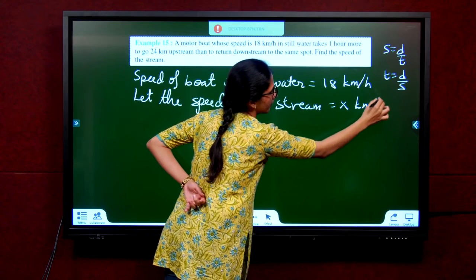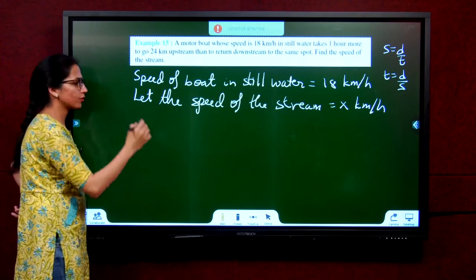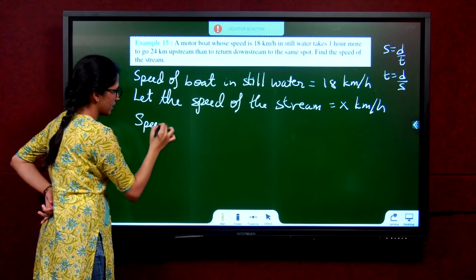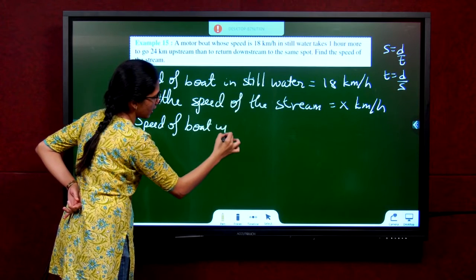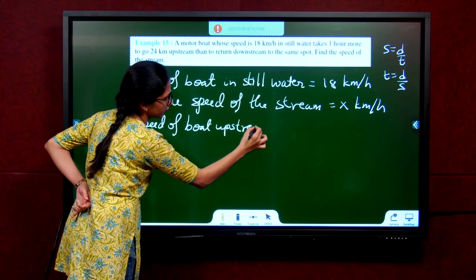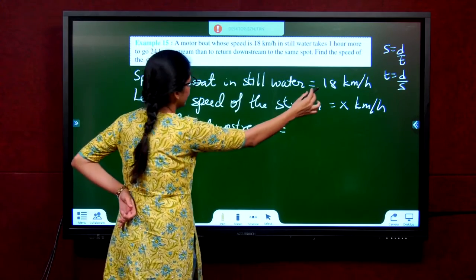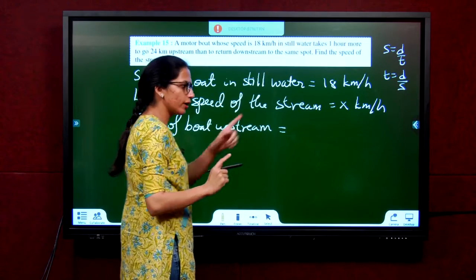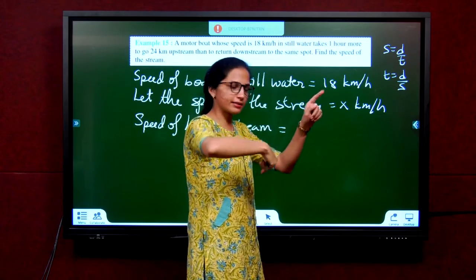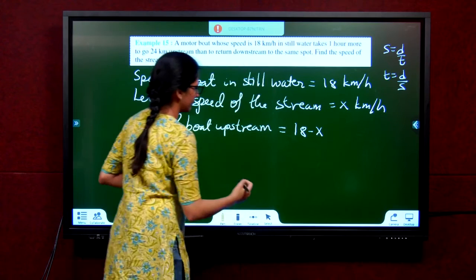So now, what will be the speed of the boat upstream? 18 is speed of boat in still water. I am rowing at 18. Now if I am going up and water is coming down at x, so it is 18 minus x.